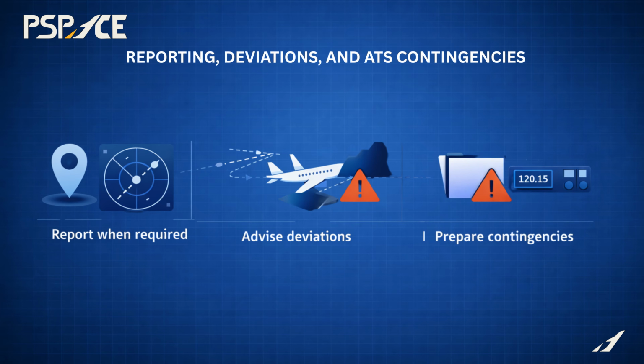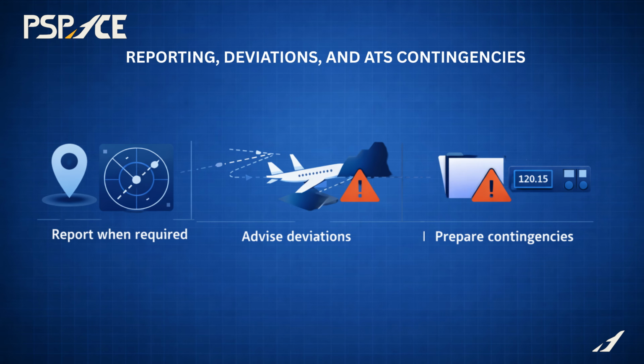The operator is expected to support this through procedures, training, and standardization, including preparations for communication failure or other ATS-related contingencies. This matters because ATS coordination is not tested only during routine flight.